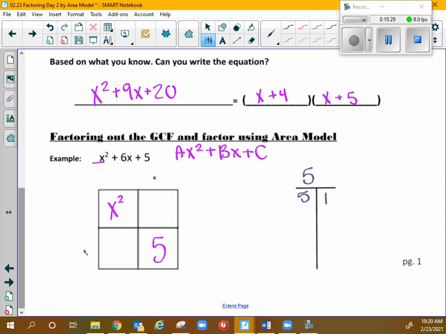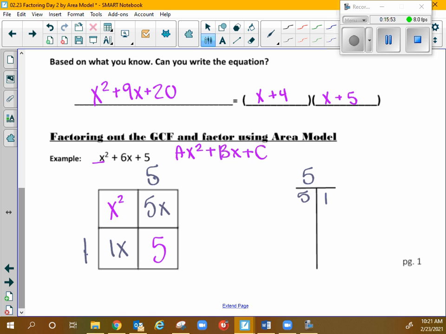It's prime. So the only things that can go in those spots are 5x and 1x. Because this has to be 5 and 1.